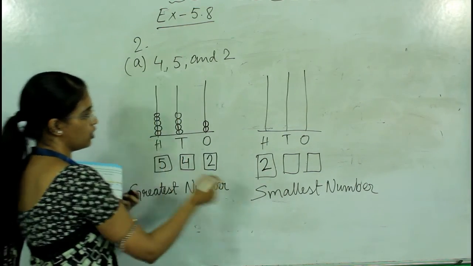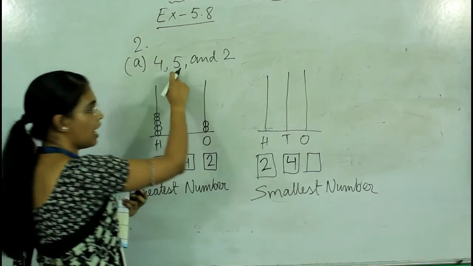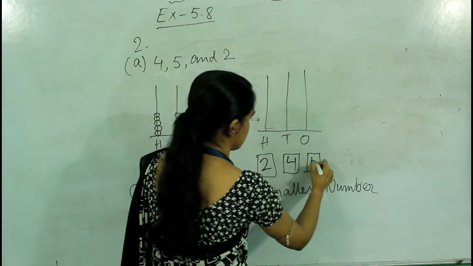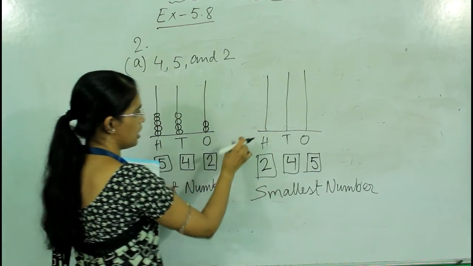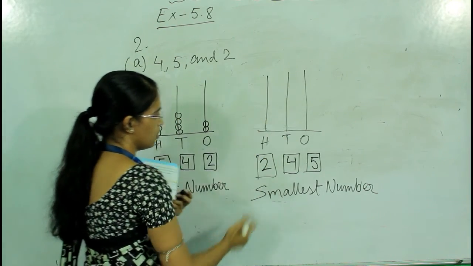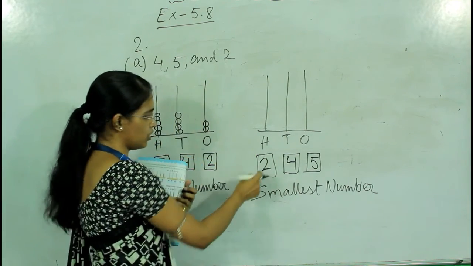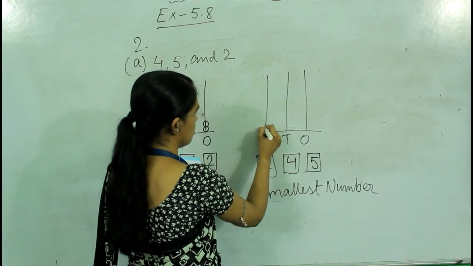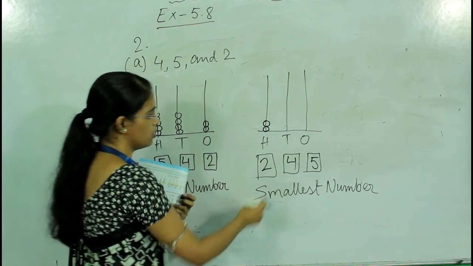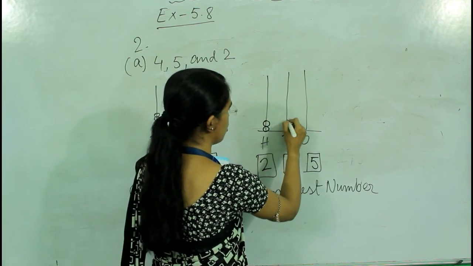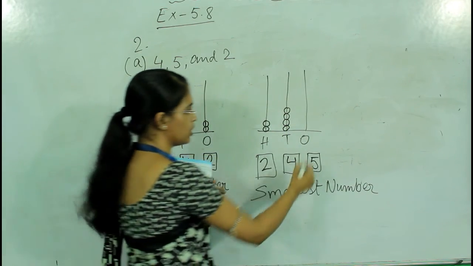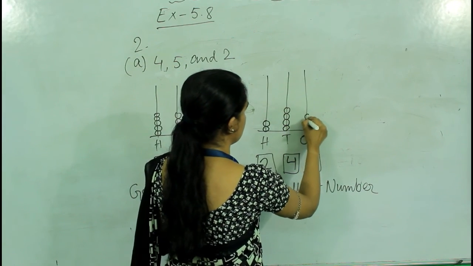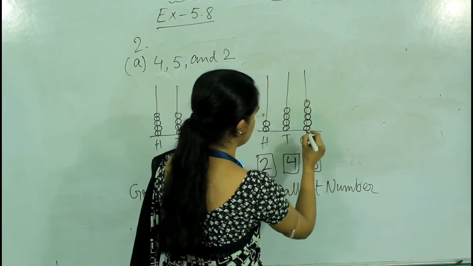After 2, 4 in tens place and 5 in ones place. Now we have to draw the beads in this 100s, tens and ones place. So here we have 2 in 100s place, so we have to draw 2 beads. 4 in tens place, so we have to draw 4 beads in tens place. And 5 in ones place, so we have to draw 5 beads in ones place.